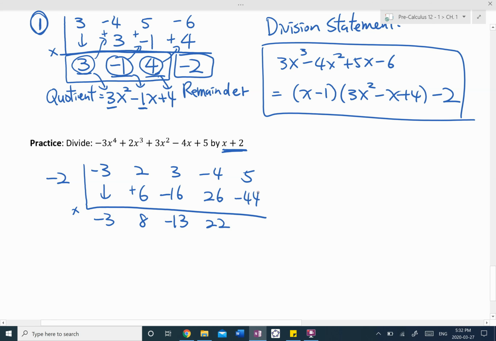And let me see if I made a mistake. Just want to double check. 8, -16, yeah, that's right. Okay, good. So 5 minus 44 is -39.